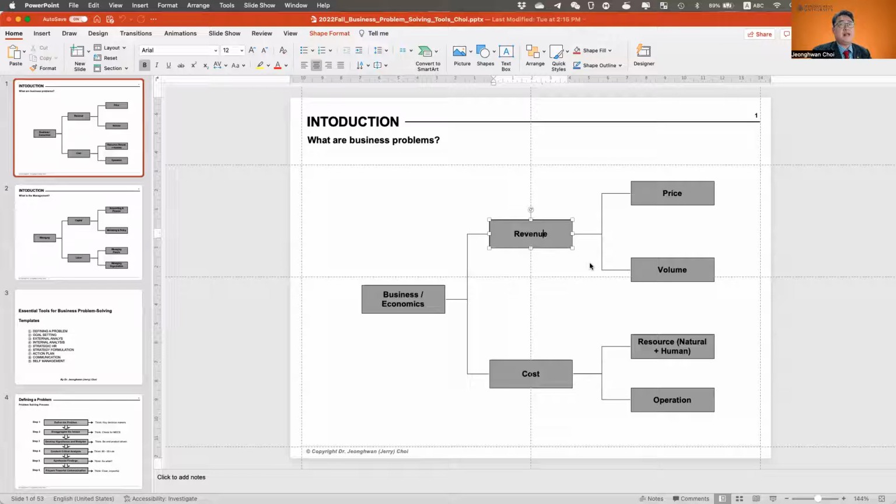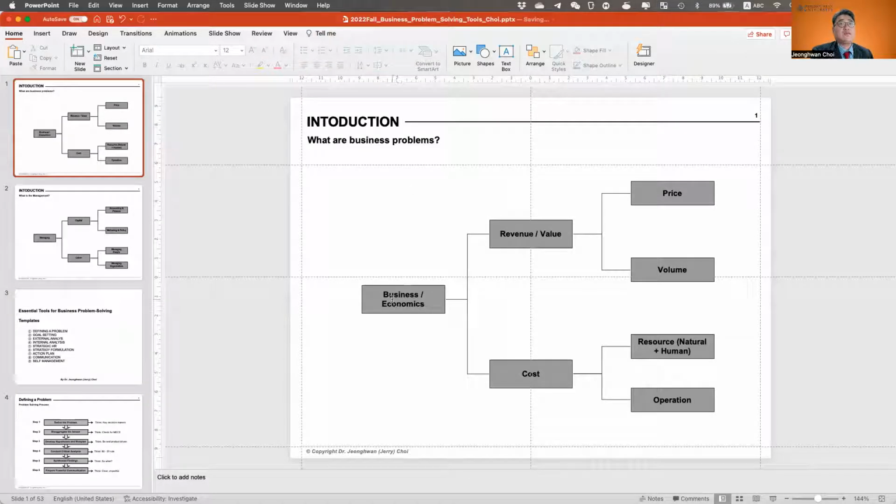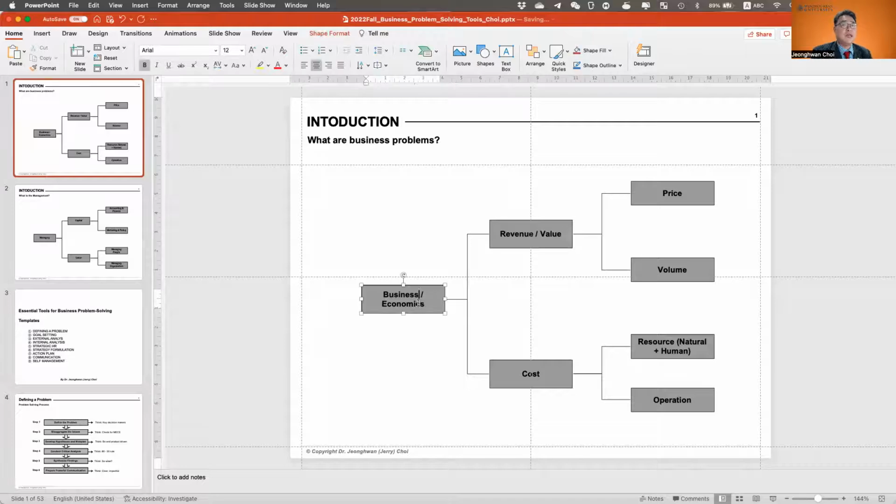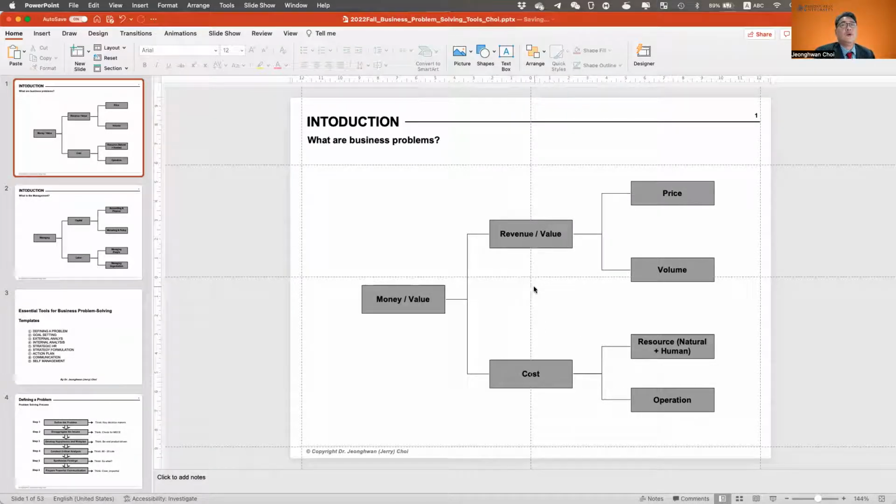This can be money or value, whatever. So we want to increase revenue, or value, and decrease cost. We want to create new value by increasing the value and decreasing the cost. But unfortunately, that's not easy.